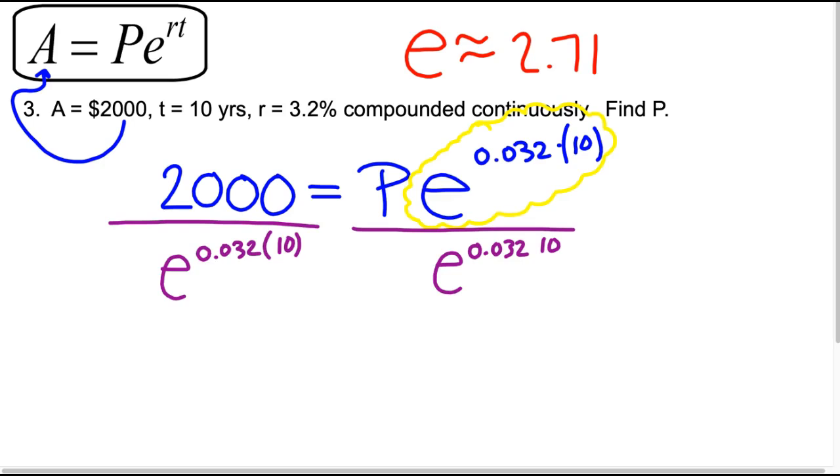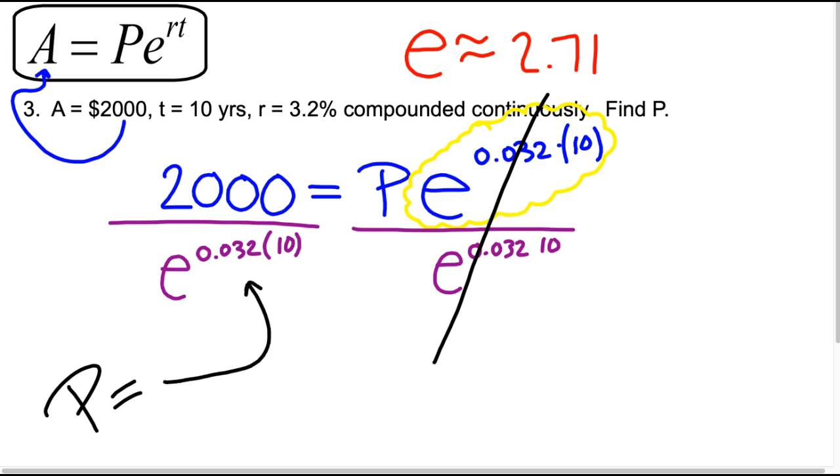Because that's like a number, so that stuff cancels out. So my value is 2,000 divided by e to the whatever that is.